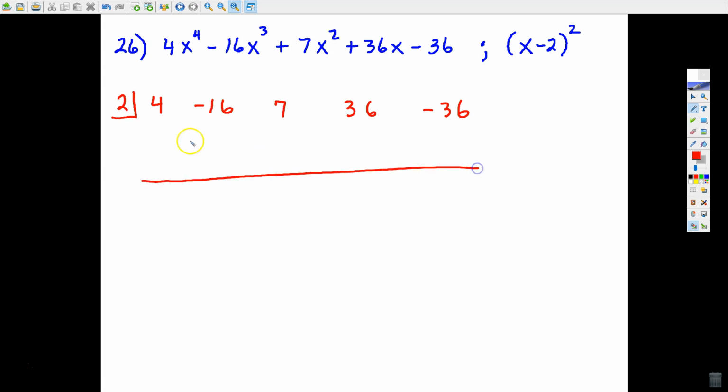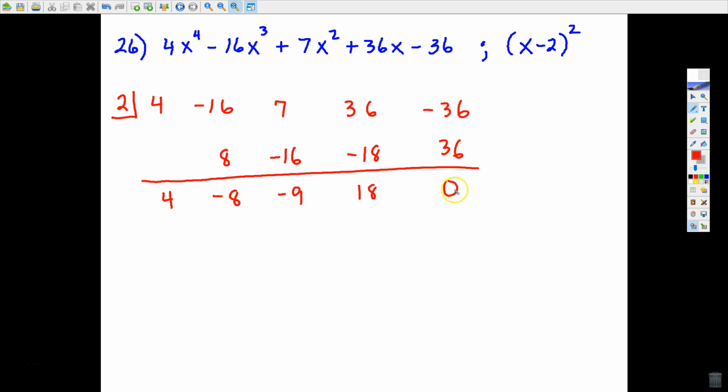So let's draw the line, bring down our first number, and multiply. 4 times 2 is 8, and then you add. Multiply again, -16, and add. -18, add. 36, and add. So we already knew that x minus 2 had to be a factor. We were told it's a factor.